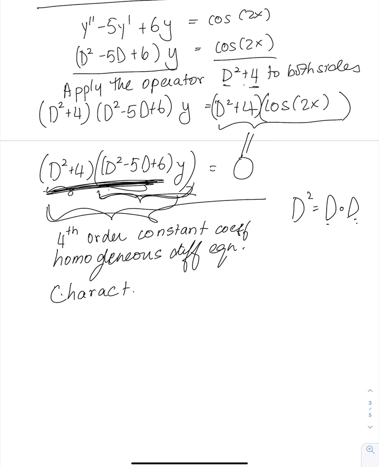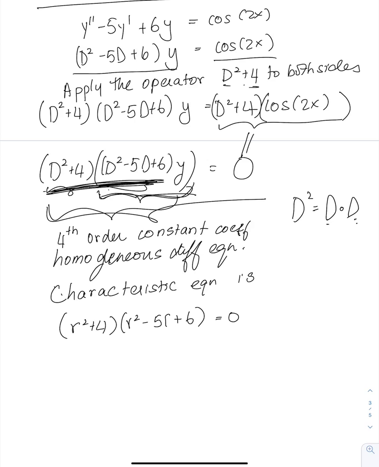The characteristic polynomial is x squared plus 4, or r squared plus 4 if you want to write an r, times r squared minus 5r plus 6. Or actually, let's write the characteristic equation, not the polynomial. Okay, so that's what we have.